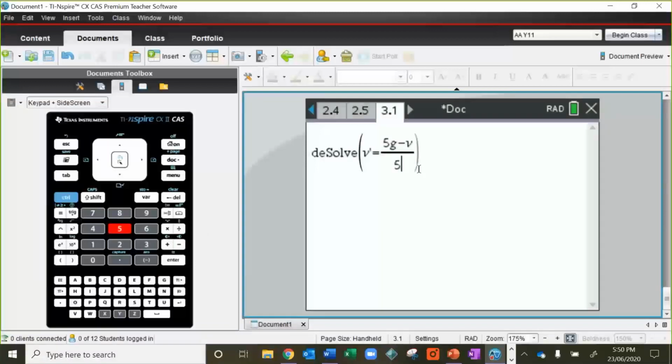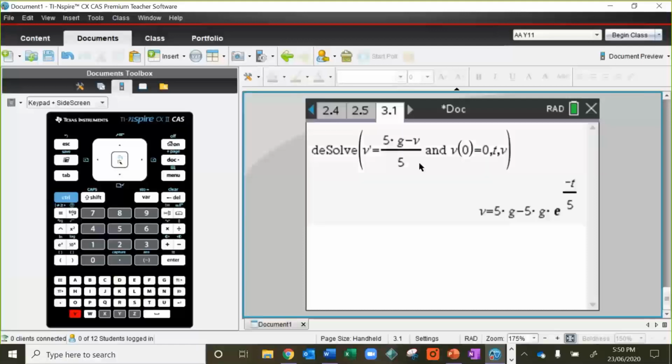I put that on one line because that's easier to enter. And we know that originally v of 0 equals 0, time is the independent variable, velocity is the dependent variable. So the calculator gives us a nice equation which is in terms of g.